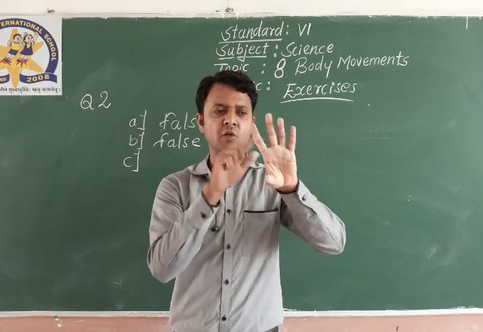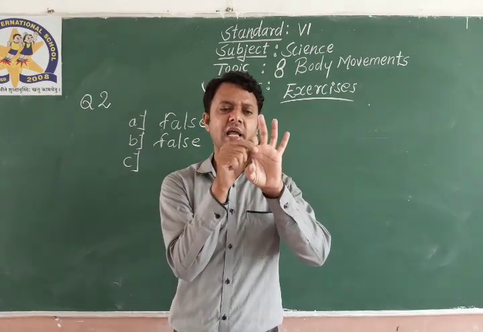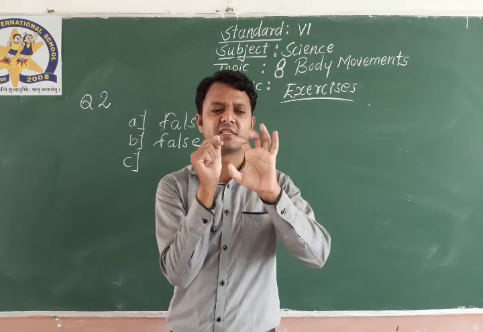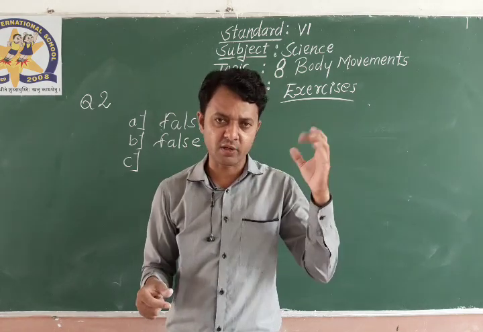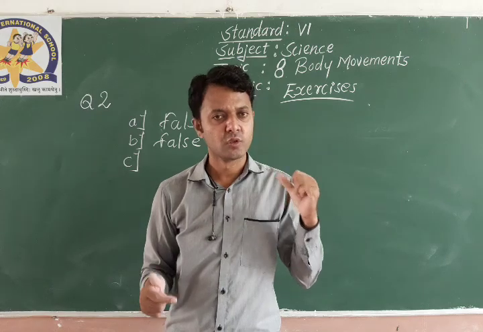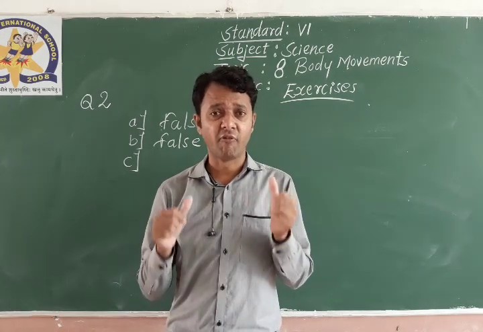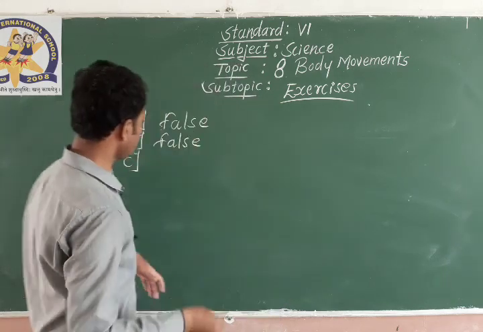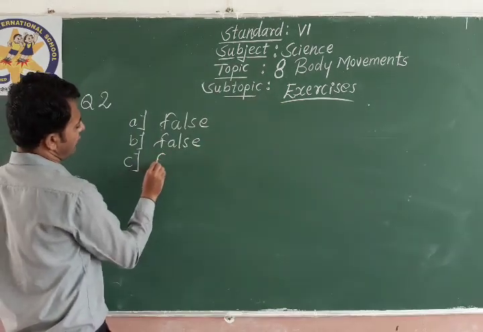I can bend my finger from here and from there. If there were no joints, would that be possible? No. So the statement is false. Finger bones also have joints. So C is false.